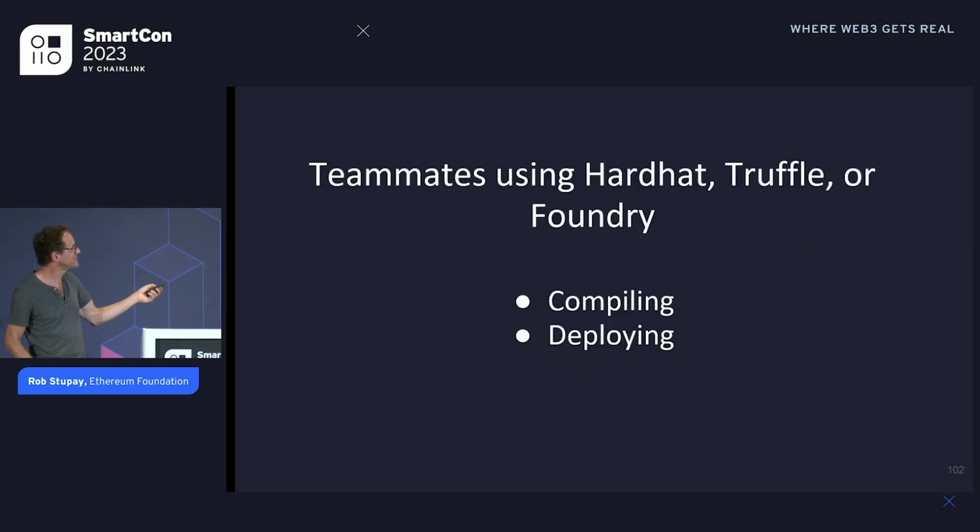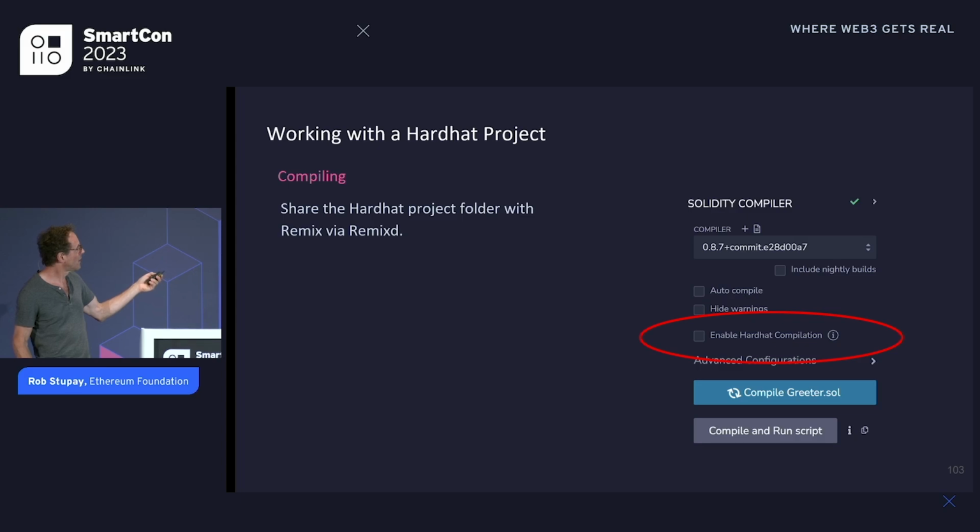And also, if your teammates are using Hardhat or Truffle, you can deploy and compile and grab other compilations from those tools. So this is just making the Hardhat file for when you compile. It has your Hardhat settings there when you click that.